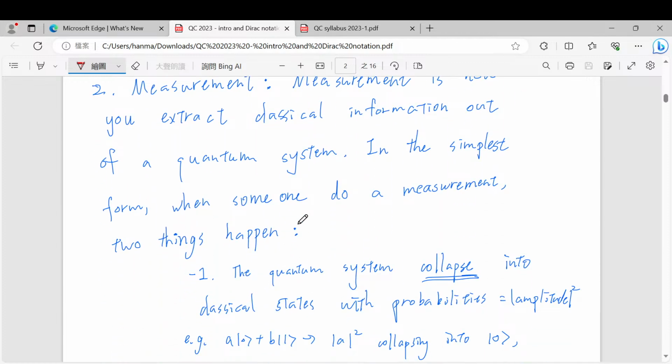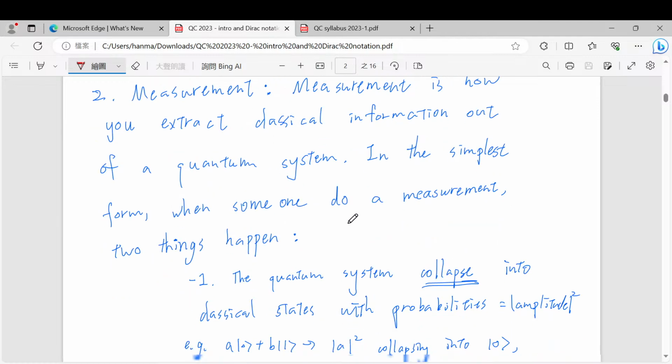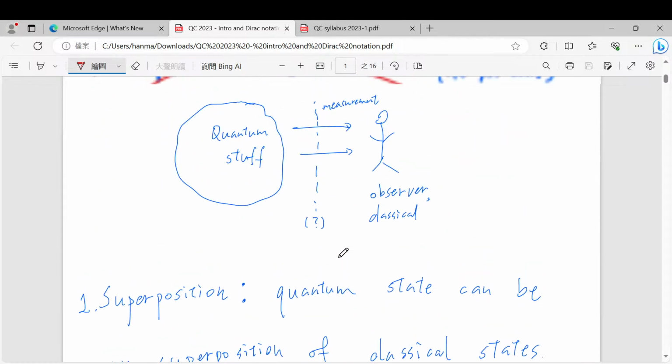Okay, so back to measurement. As we said, measurement is how you extract classical information out of a quantum system. We actually only talk about half of what measurement does here. In the classical world, you also do that, right?